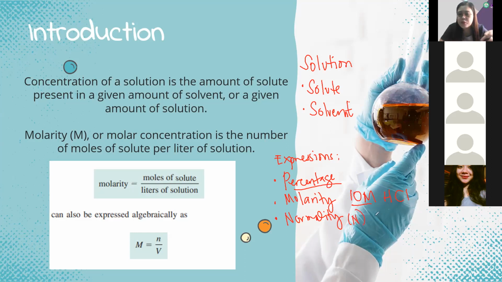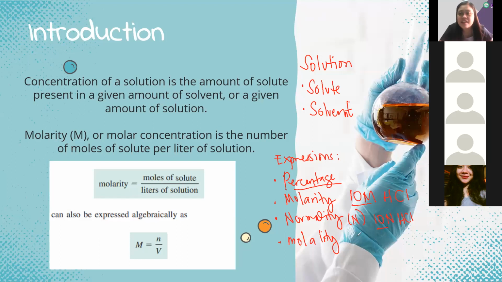So sometimes you will see 10 M HCl or 10 N hydrochloric acid. So please do know that this is our concentration. Or sometimes, since we seldom see percentage in the laboratory, more often we see molality.